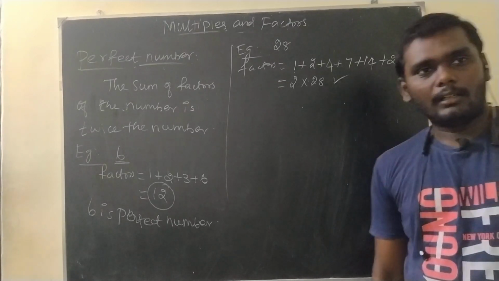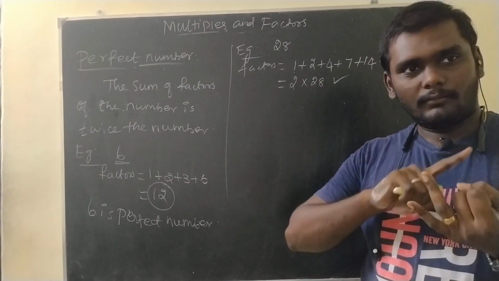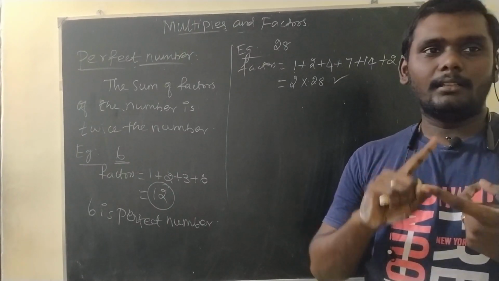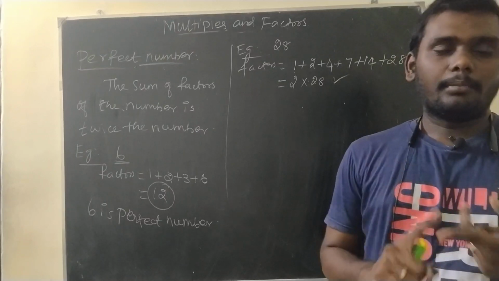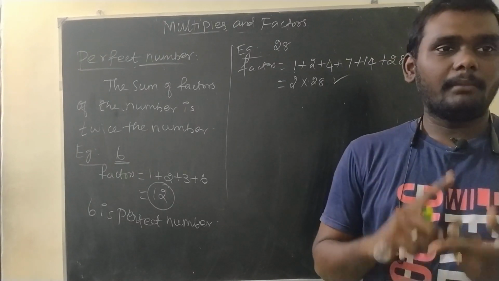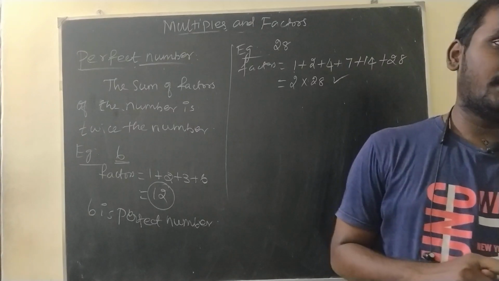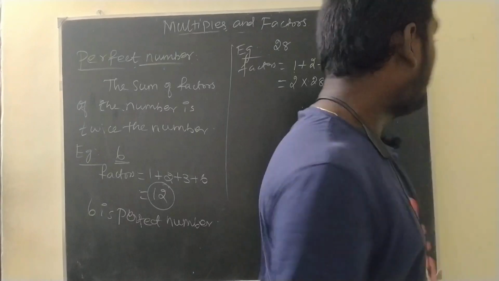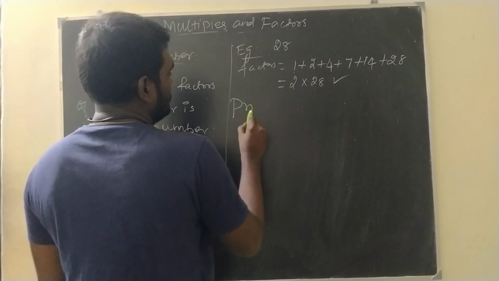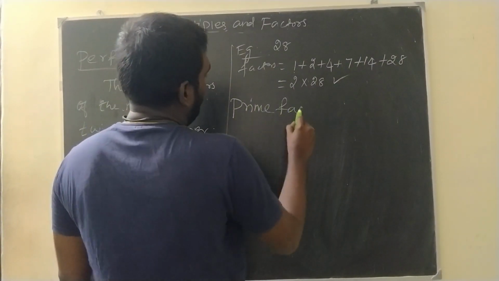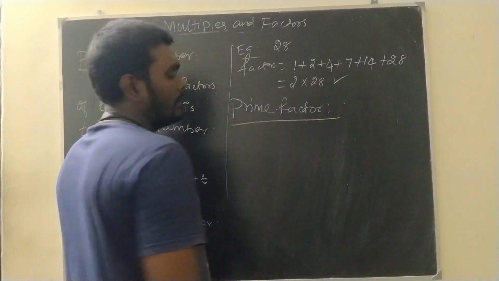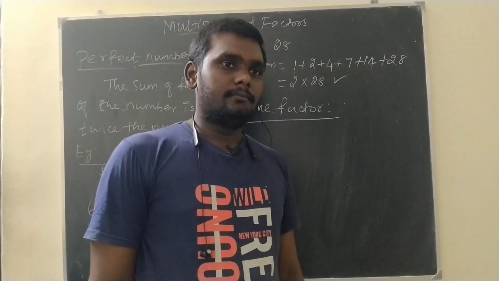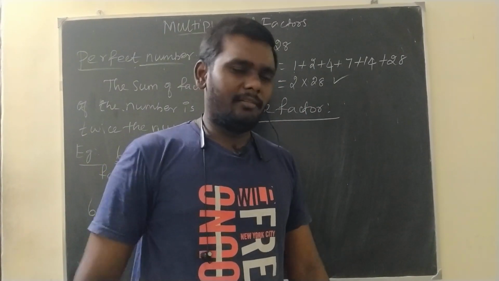Once again we will recall what all the things we have seen. We have seen about multiples, factors. Based on number of factors we classified into prime number and composite number. In prime we have the subdivisions like twin prime, co-prime, by satisfying a certain condition. After that we have seen the perfect number. Now prime factor. If a factor of the given number is prime, that is called a prime factor. That is all, very simple.